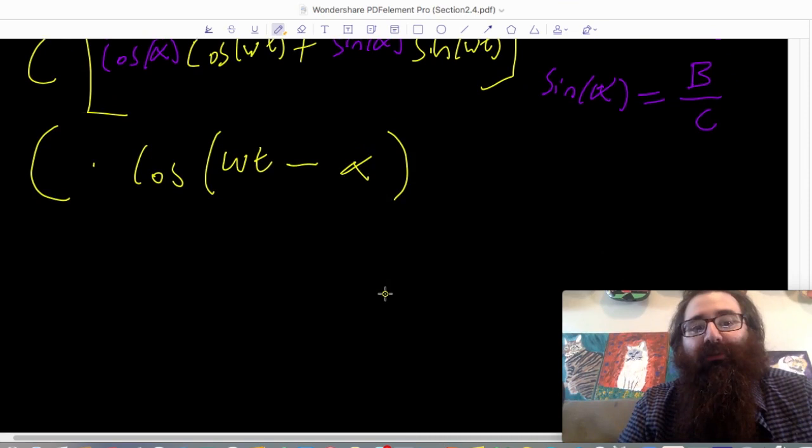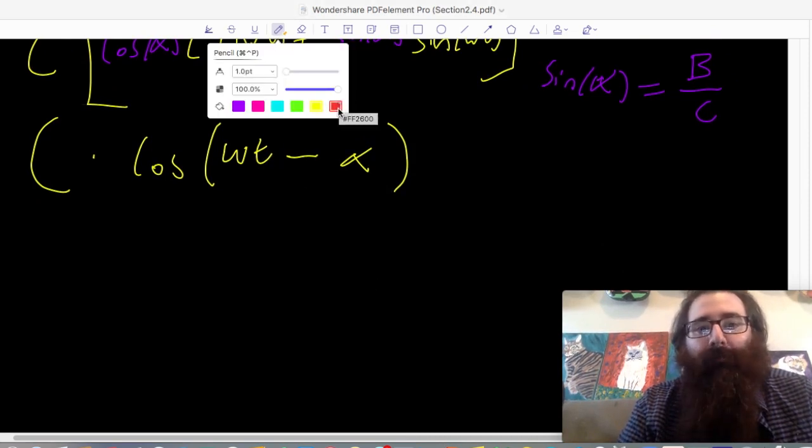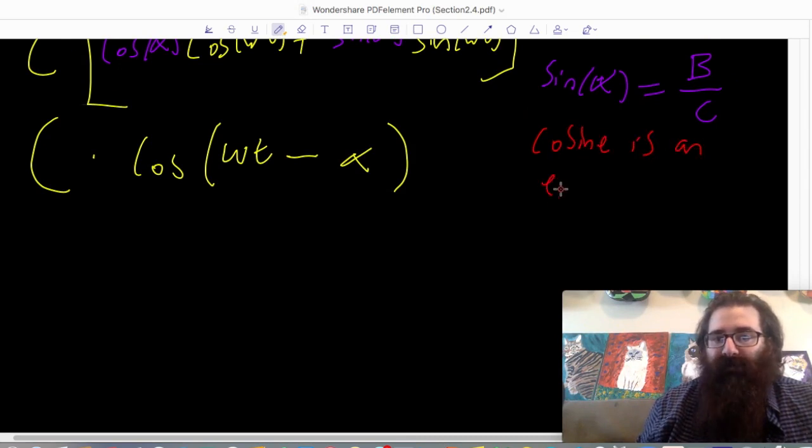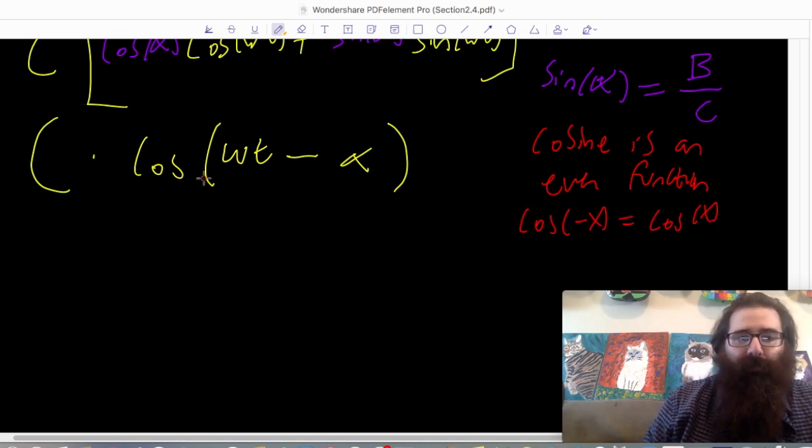If you do choose them in the opposite way, it doesn't matter because cosine is even. So cosine is an even function, which means, let me say what it means first, cosine of negative x is equal to cosine of x. So if I did cosine of alpha minus omega t, it's no different, because here I could factor a -1 out inside the argument.